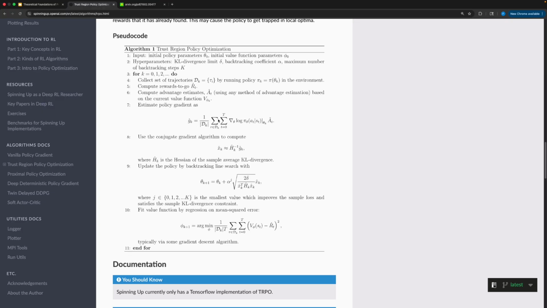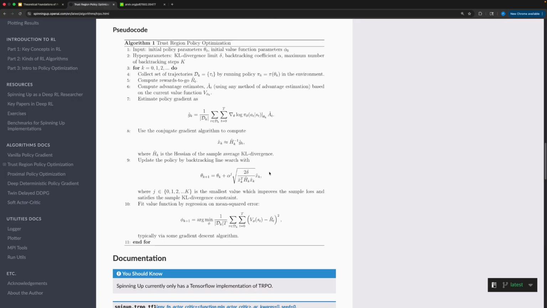And then the next step is to compute the exact gradient update. So using the conjugate gradient algorithm, find an approximate value of H inverse g, and then this is the update step that we want to take, which can be computed effectively once this is found.